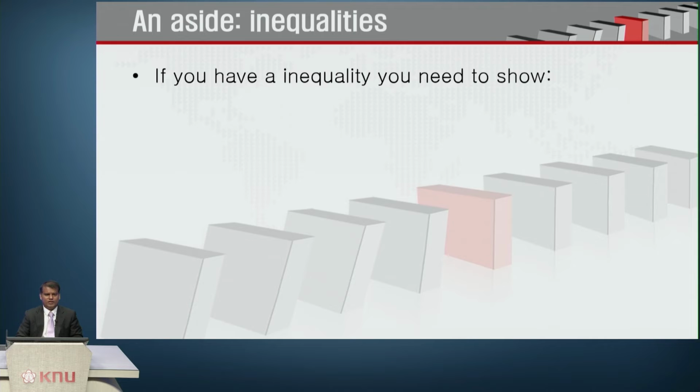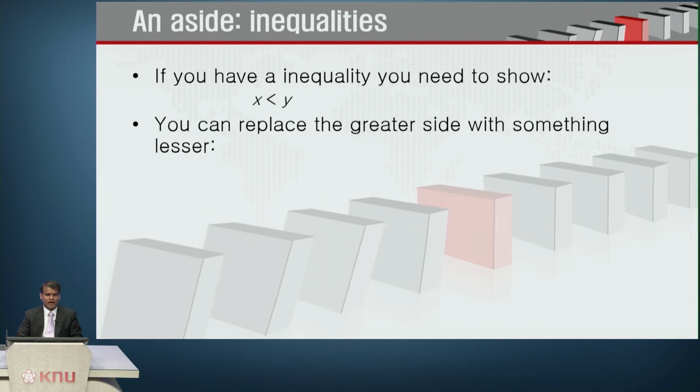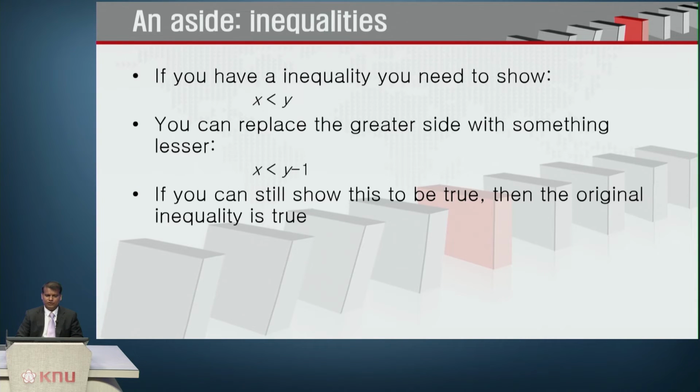If you have an inequality and you want to show the same idea, you can replace something on the greater side. It's a kind of complementary operation to what we have just seen in the previous slides, where x is less than y and x is less than y plus 1. If you still want to show it to be true, you can use something like that. 15 is less than 20.